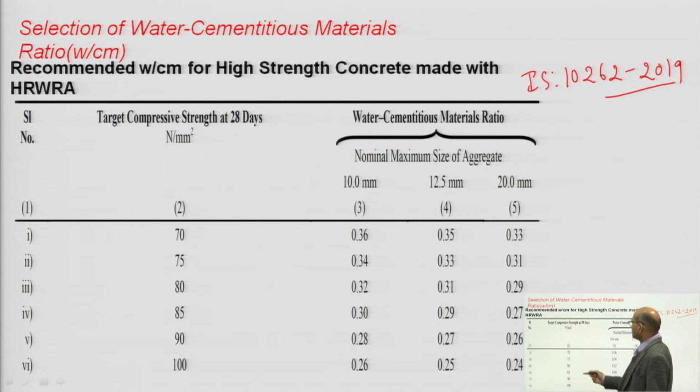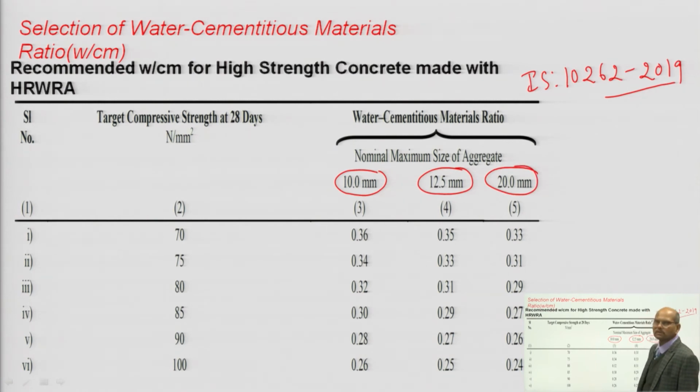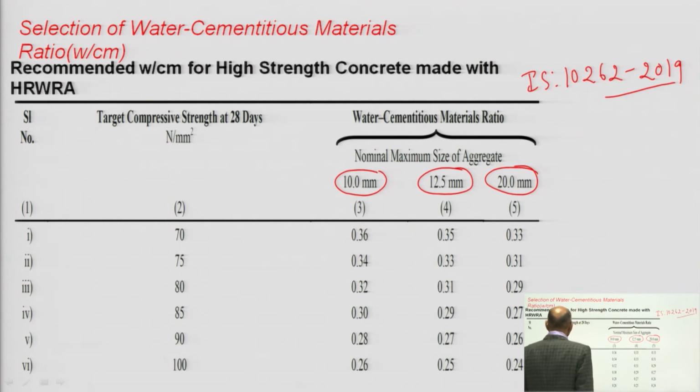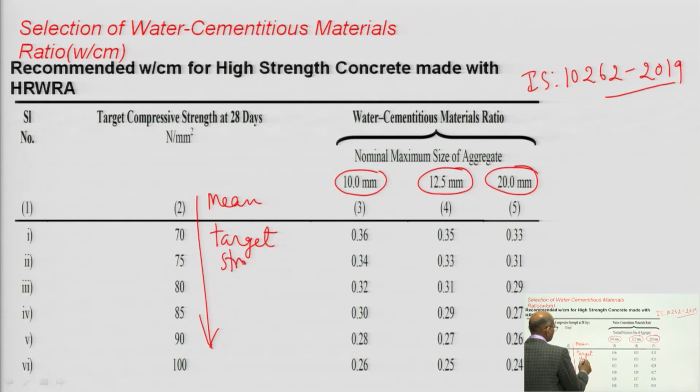If your target strength is 70, then it depends on the size of aggregate, say you are using 10 mm size, 12.5 mm, or 20 mm maximum nominal size of aggregate. This is nothing but the mean target strength.